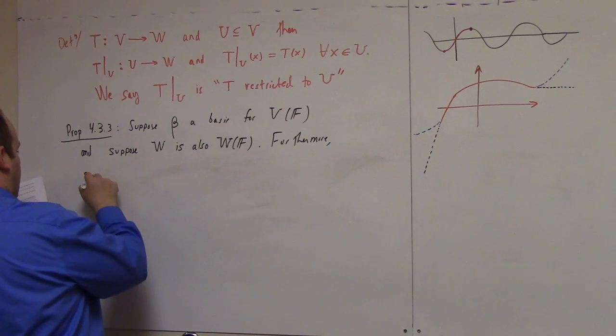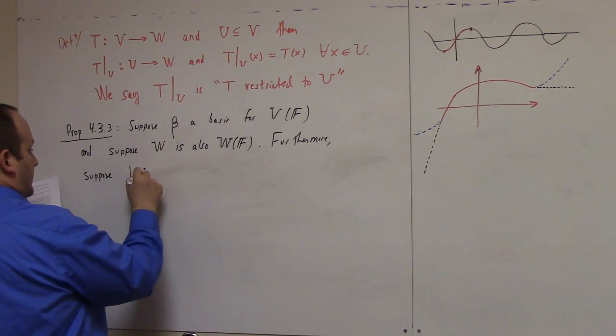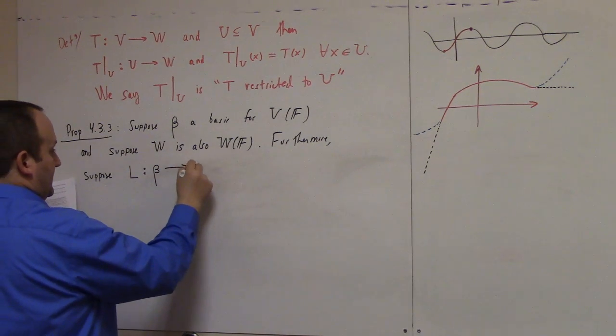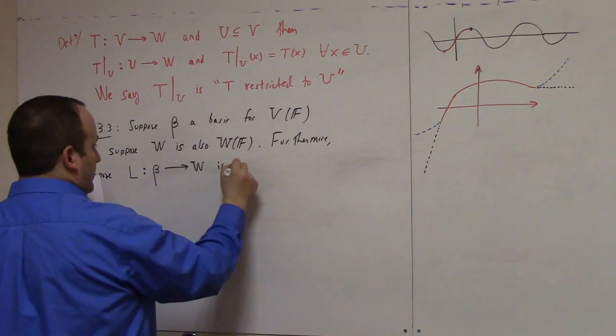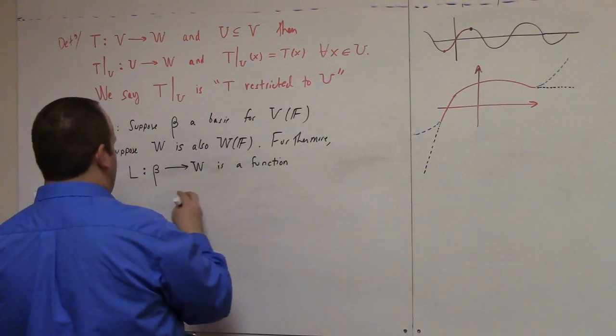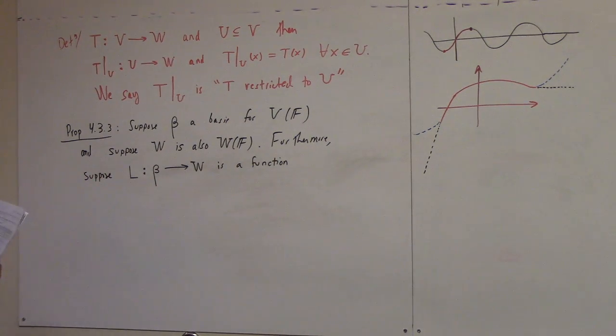Suppose you have L as a function from not the whole vector space, but from the basis beta to W. What that means is just a sneaky way of writing that I'm telling you what the value of L is on this finite set of things, on the basis.